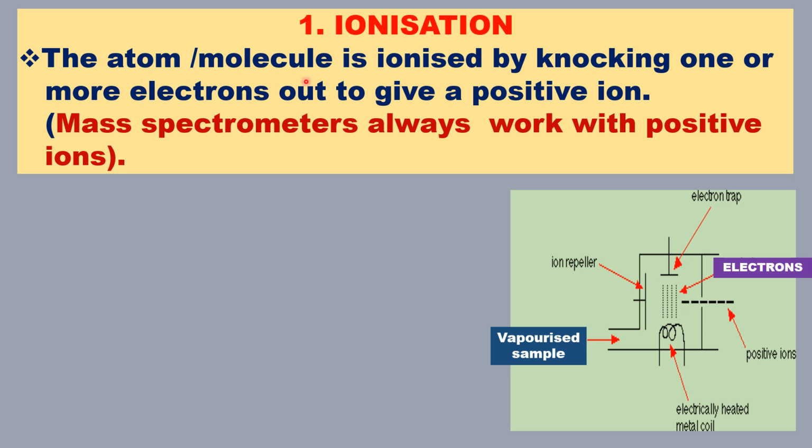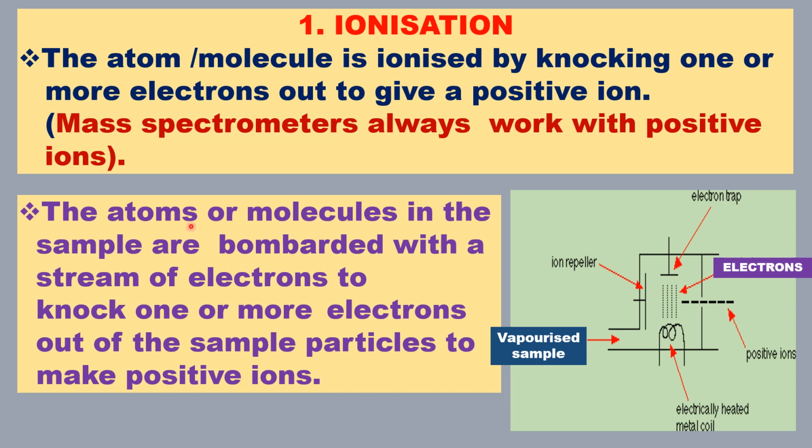As a result, the atoms or molecules are ionized by knocking out one or more electrons to give positive ions. Please remember, mass spectrometers always work with positive ions.